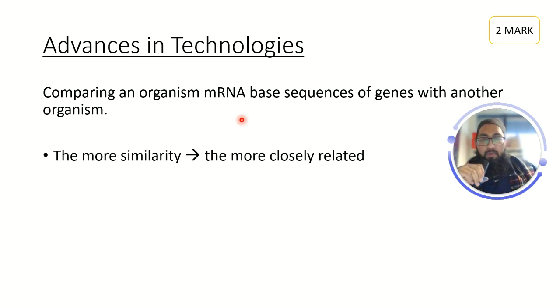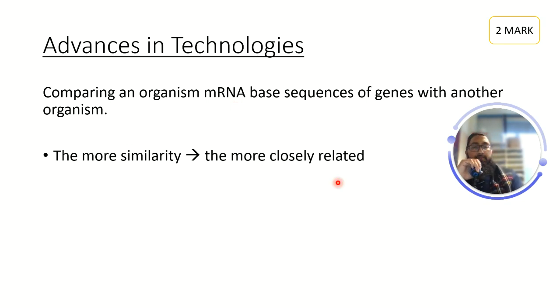The mRNA sequence, as we know, is a transcription, a copy, like a reflection of the DNA base sequence. So get my mRNA sequence of insulin and compare with the chicken's mRNA base sequence. Same point actually, the more similarity they have, the more closely related. So keyword here, mRNA base sequence.